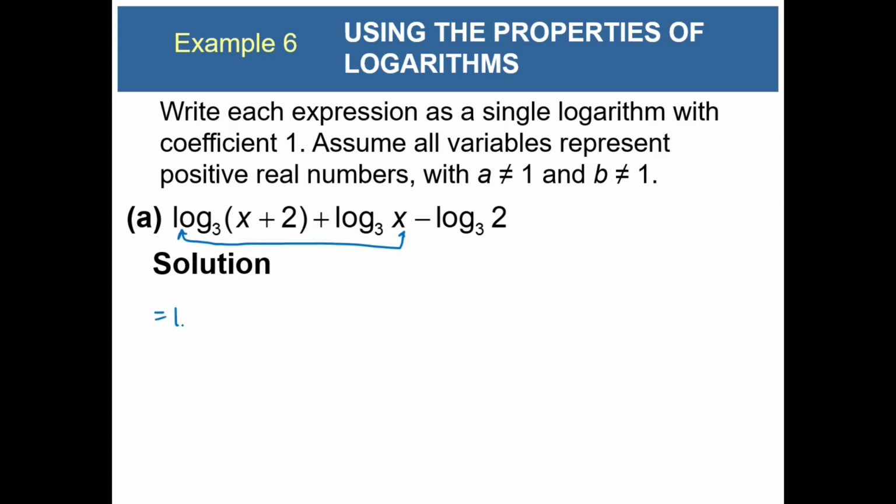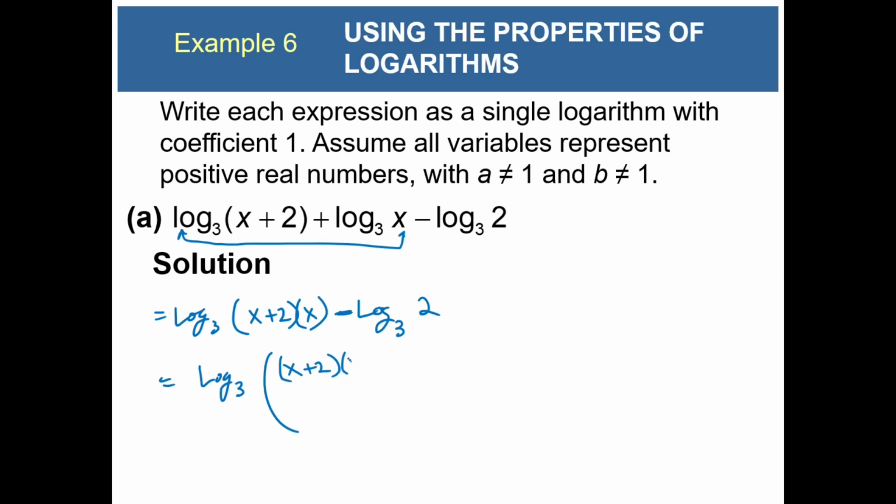So I can rewrite this as log base 3 of x plus 2 times x minus log base 3 of 2. Since this is a subtraction symbol, we can use the quotient rule. So this simplifies to log base 3 of x plus 2 times x over 2.